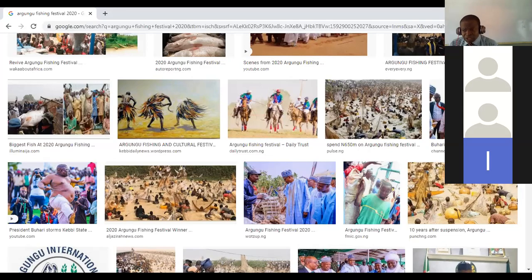But some species of fishes, if they are overhunted, they can become extinct. For instance, whales, if whales or dolphins are hunted excessively, they can go out of existence. They can become extinct.